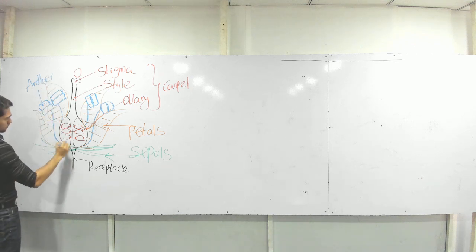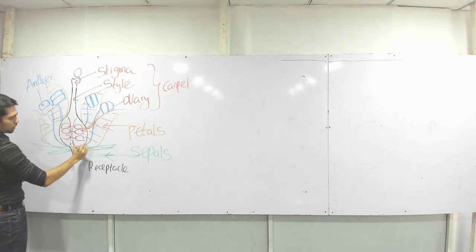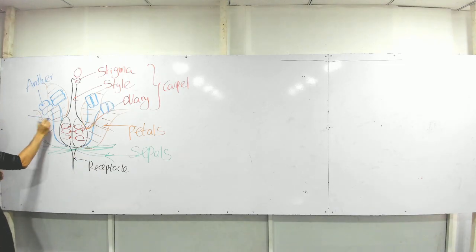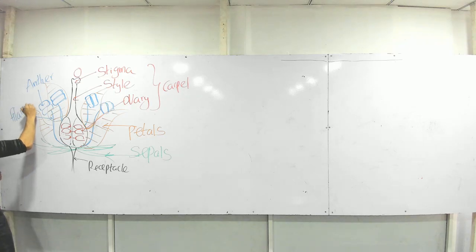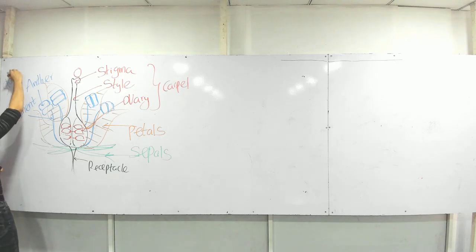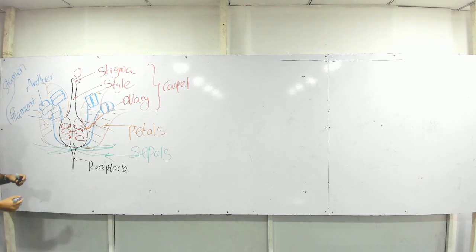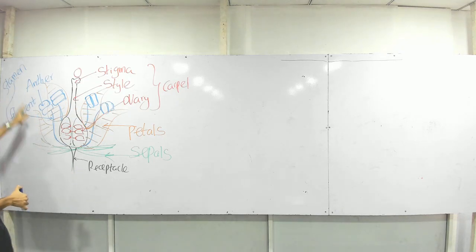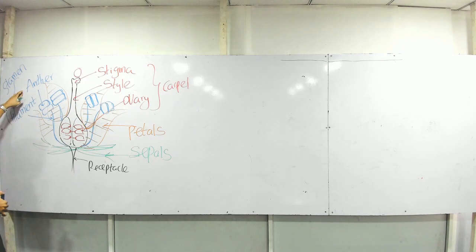And a small holder that is holding this anther is called what? Filament. So anther and filament together is called what? Stamen. That is the male part. Stigma, style, ovary forms the female parts. Anther and filament form the male parts.